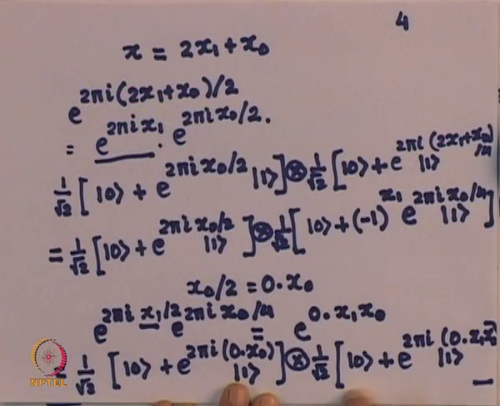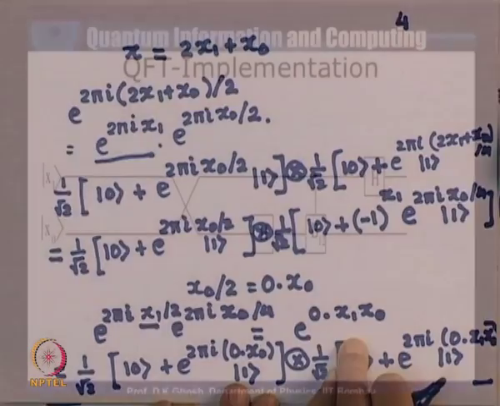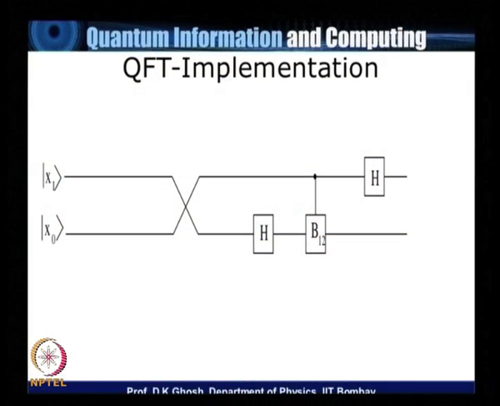So, what is important is to remember that I want certain action to be taken in a particular way, and since I need the x0 to provide a control, I cannot apply the gate on x0 before I have done this, and that is the reason why we will see in the slide that our circuit requires a reversal of x0 and x1 before the various gates are given.